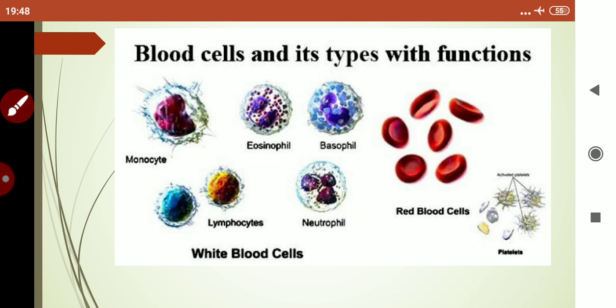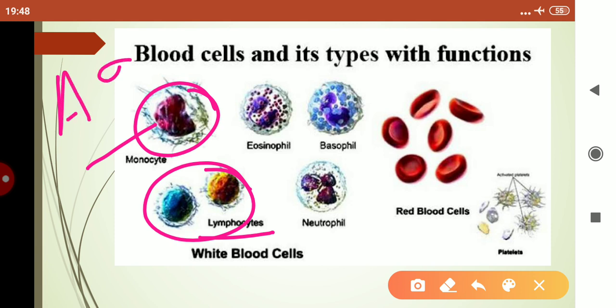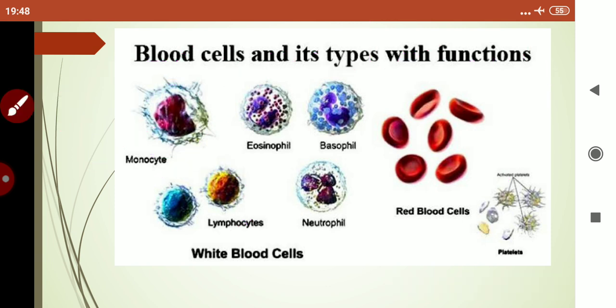Now, the other types of WBCs are monocytes and lymphocytes. Because no granules are seen, these are kept in agranulocytes, because they don't have any granules in them. Mainly these WBCs are involved in providing defense to the body, in fighting the pathogens which enter inside the body.